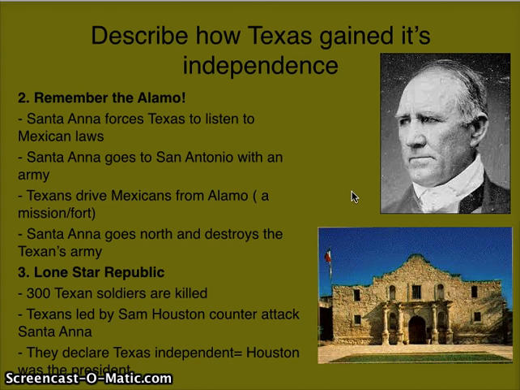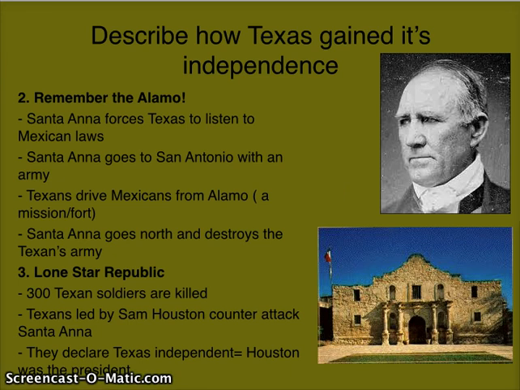What ends up happening, though, is Santa Anna sort of goes around the Alamo in the north and ends up sort of surprise attacking these Texan troops and kills basically all of them. So we see that Santa Anna is successful with this area at the Alamo.